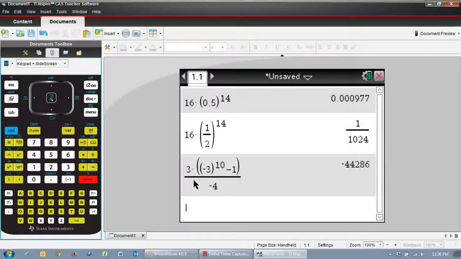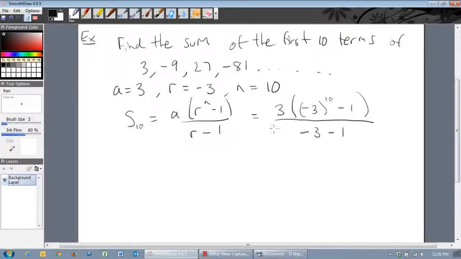And there's my sum: negative 44,286. Okay, beautiful. So if you sum all the terms together of this geometric series, that's the answer you get. So just use that formula.